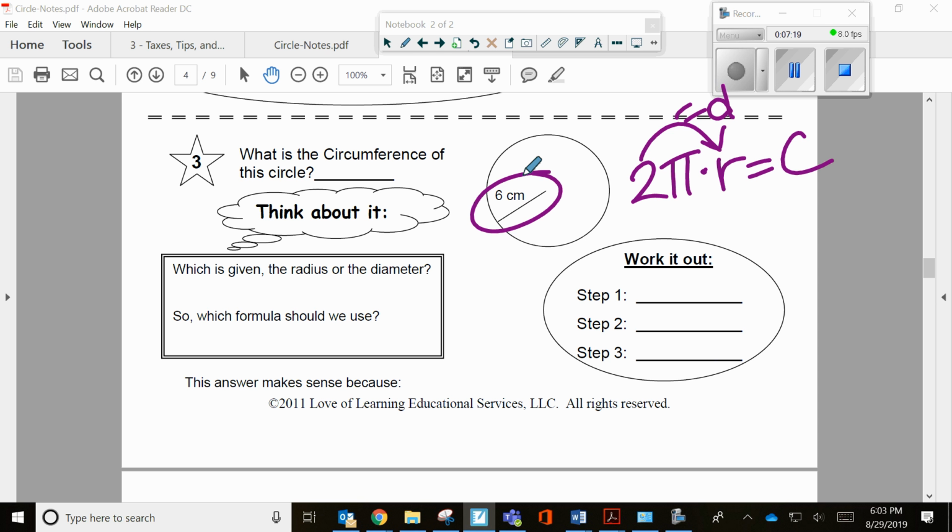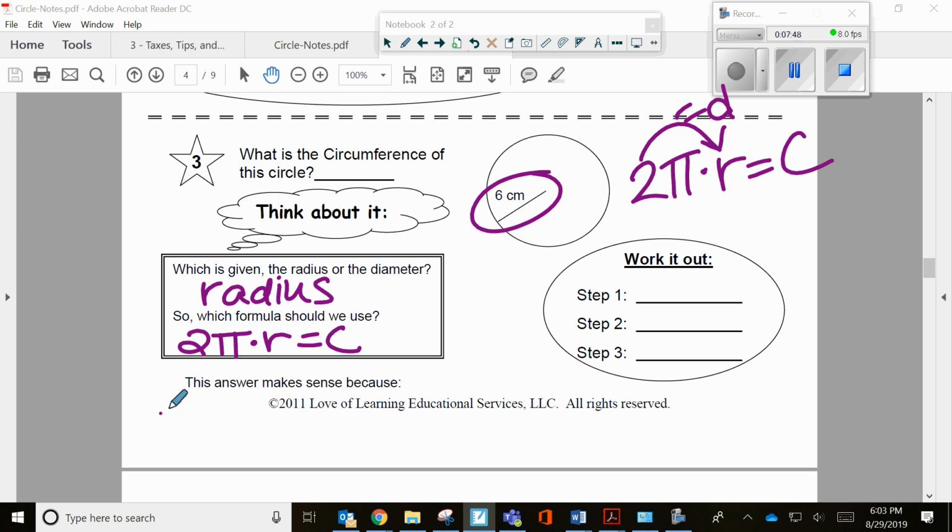So I need to take my question and take my formula. It says, which is given, the radius or the diameter? The radius, and you do not have this sheet, this is just for notes. And so which formula should we use? I would suggest writing this circle showing the 6 centimeter radius. We should use 2 times pi times r equals circumference.